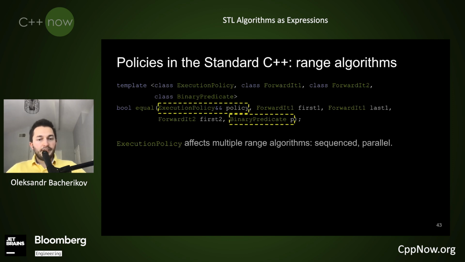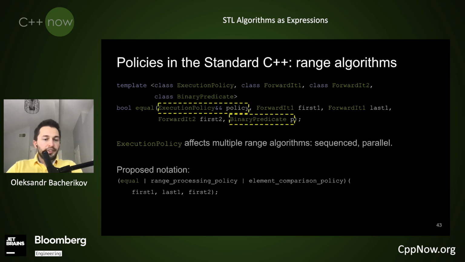And then we have a binary predicate that affects how we compare range elements. The problem I see in here is that these policies are mixed with the actual algorithms of the equality. And we have one at the start and one at the end, which is not nice. So what I propose is to clearly separate them.